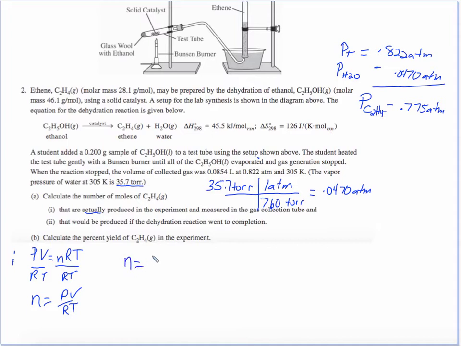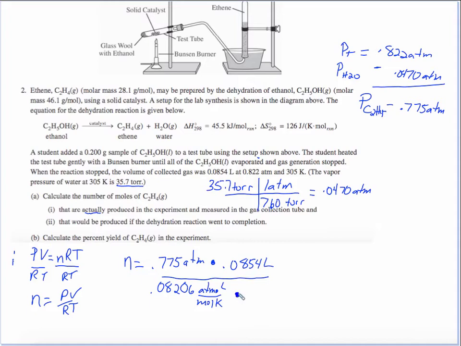Okay, let's plug in the numbers. The number of moles is equal to P, so we're going to use our corrected pressure, 0.775 atmospheres, times V, which is given to be 0.0854 liters. We're going to divide that by R, which is 0.08206 atmospheres times liters divided by moles Kelvin.